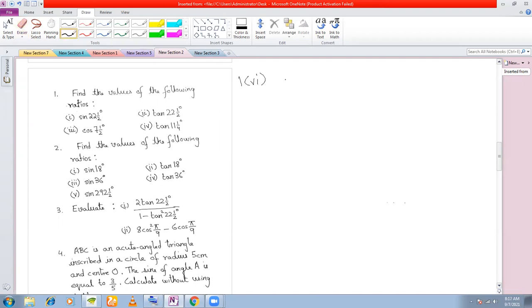Since double of 11 1/4 is 22 and a half, we start with the double angle formula. Tan 2a is 2 tan a by 1 minus tan square a. Put a is equal to 11 1/4.